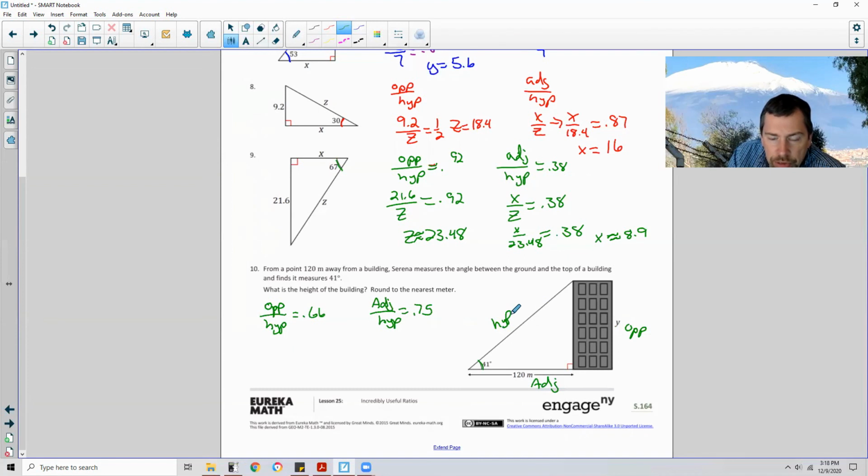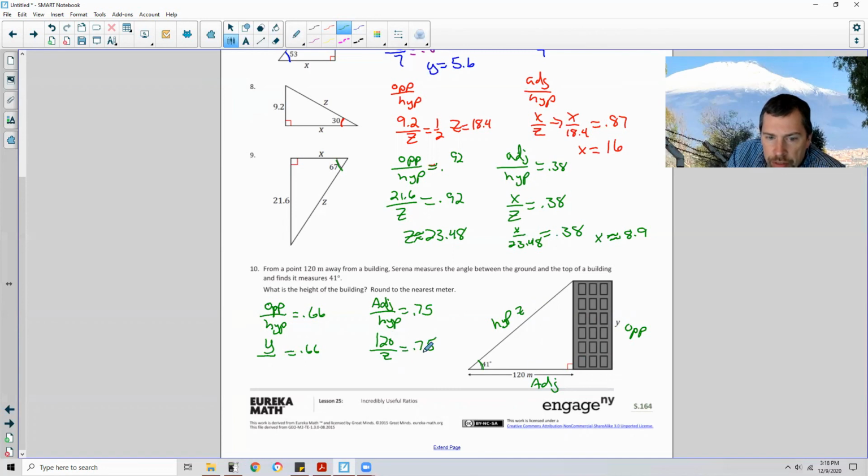My hypotenuse is unknown, so I'm going to save that for right now. This is y over something equals 0.66. So I have two unknowns. I can't do that one. So I'm going to check this one. My adjacent is 120. My hypotenuse, I don't know, so I will call that z. So if we call this y, and this is z over here.